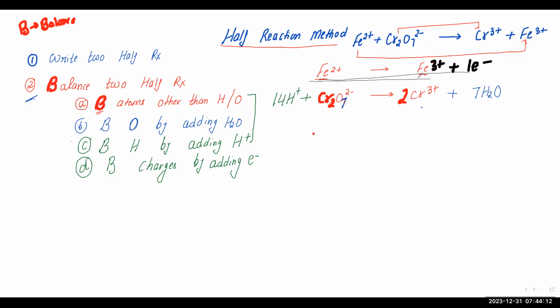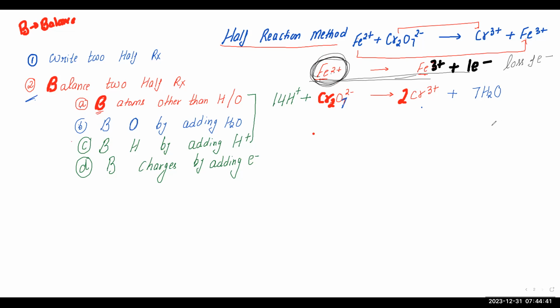Check. This Fe2+ is losing or gaining? Is it getting oxidized or reduced? It is going from 2+ to 3+, an increase in oxidation number, so it is losing electrons. This is loss of electron.